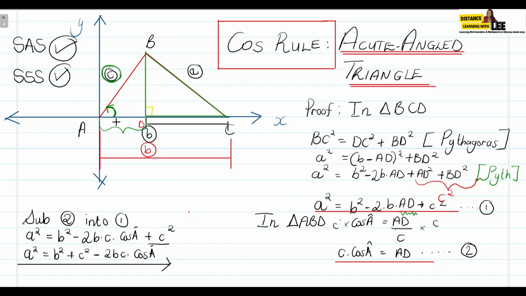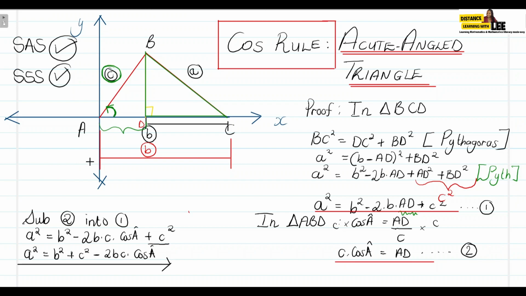We measure the angle A from the positive x-axis to the line AB. That is the angle that we use to help us find our side AD. And because we're dealing with the cos rule, we use the trig ratio cos. So cos is adjacent side over your hypotenuse, so it's AD over your c.